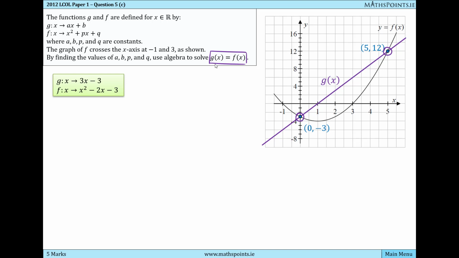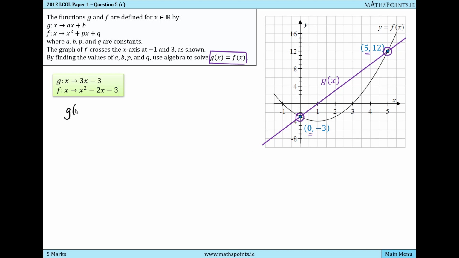So algebraically, can we show that the curve f and the line g meet at the points (0, minus 3) and (5, 12)? That is, that they meet where the x values are 0 and 5.